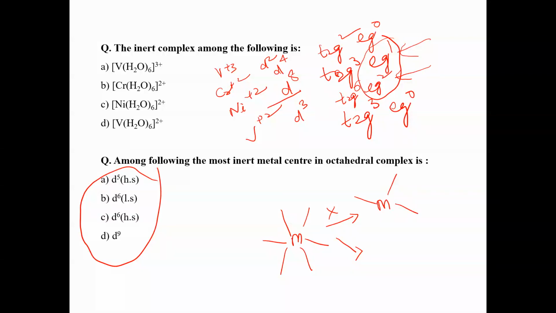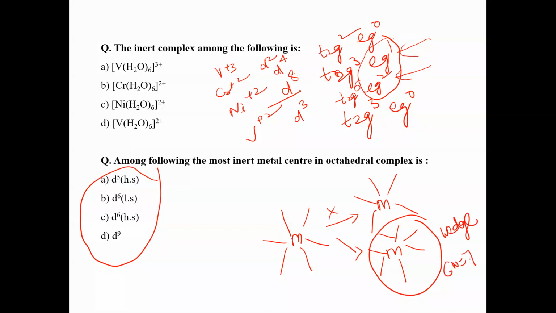So it will acquire a new geometry like this one, or this one. This is the octahedral wedge structure. The coordination number here is 7, here it is 5, and here it is 6.